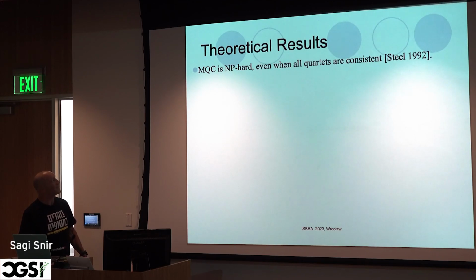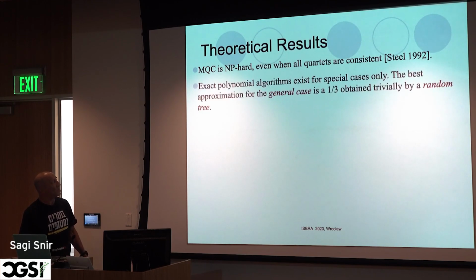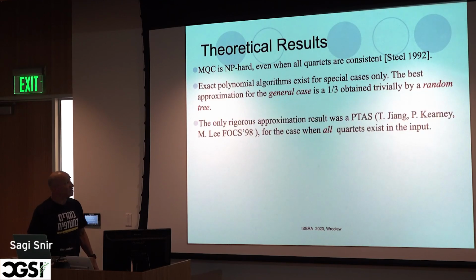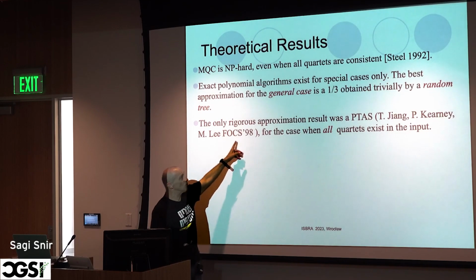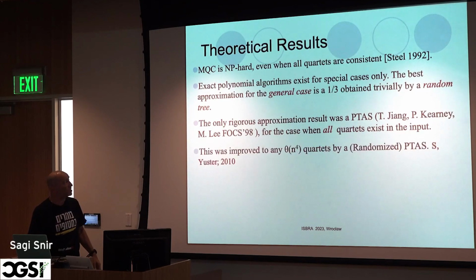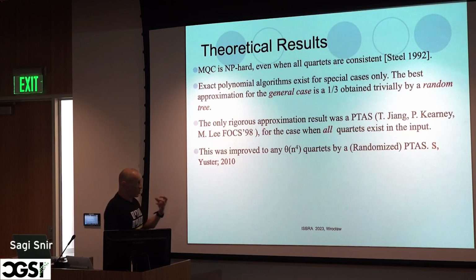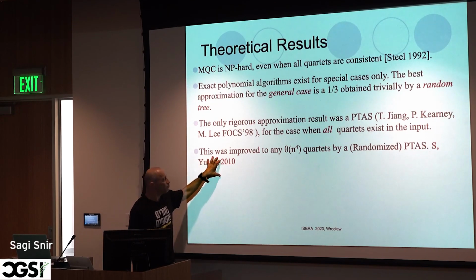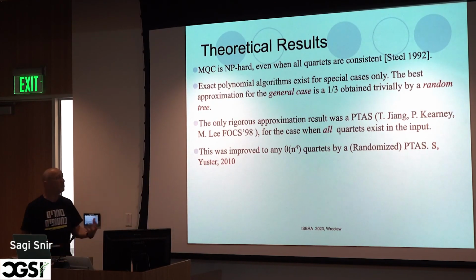Exact polynomial algorithms exist for special cases, and the only rigorous approximation was some 25 years ago, and then we came with some idea that actually formalized the MaxCut as a theoretical algorithm that can push the limit of the known results on quartets that are open for like 40 years now.